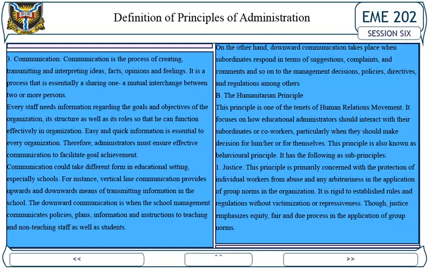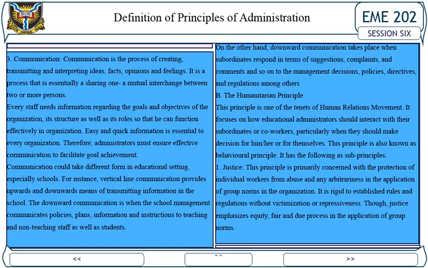On the other hand, upward communication takes place when subordinates respond in terms of suggestions, complaints, and comments, and so on to the management decisions, policies, directives, and regulations among others.